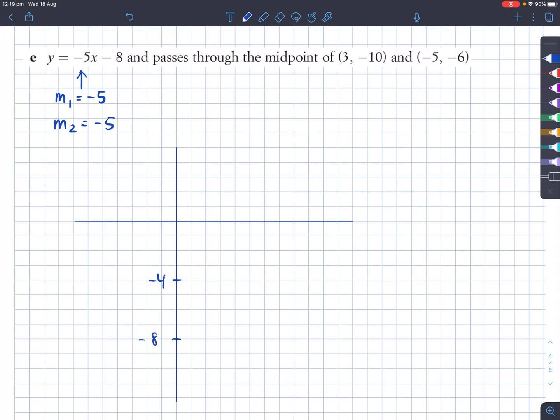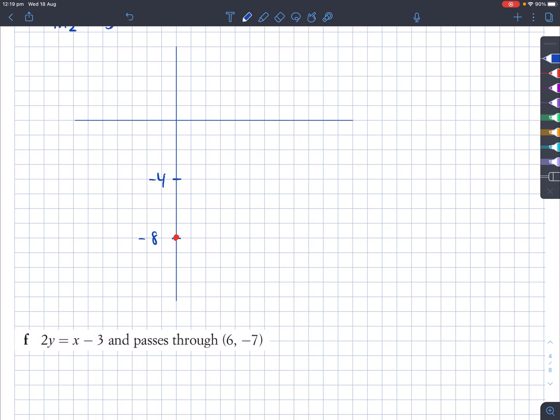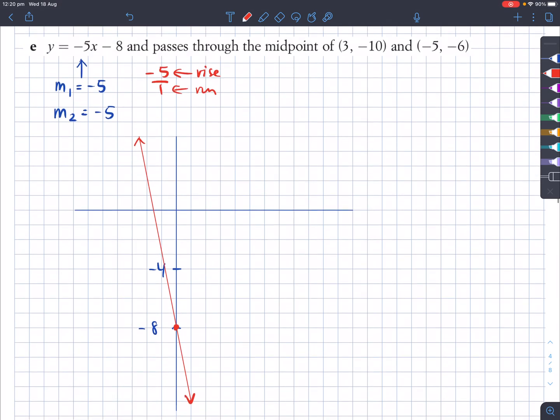That is my y-intercept there, but my gradient is negative 5 over 1, which means I have to rise by negative 5 and run by 1. So if I do that, that means that my line looks like this. I have to rise by negative 5, which means go down by 5 and go right by 1. So my dot will be here. And if I was to join that up to make a straight line, this is the line that minus 5x minus 8 represents.